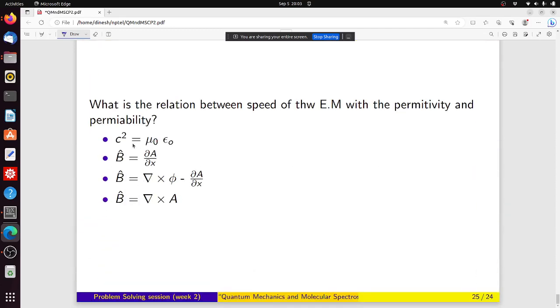Coming to the last question, what is the relation between the speed of the electromagnetic wave and the permittivity and permeability of free space?